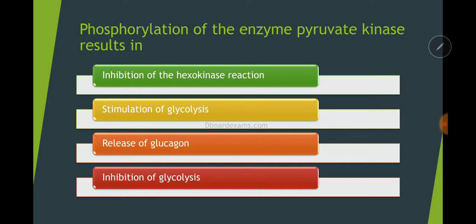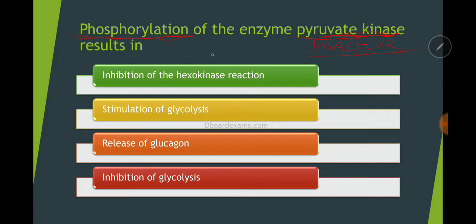How about this one? Phosphorylation of the enzyme pyruvate kinase results in what? Remember, you have to know phosphorylation of pyruvate kinase inactivates. If you phosphorylate pyruvate kinase, the pyruvate kinase is going to be inactive, so there's going to be less ATP.